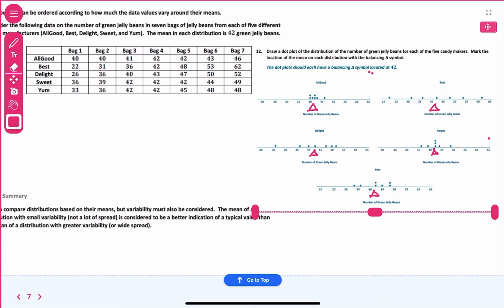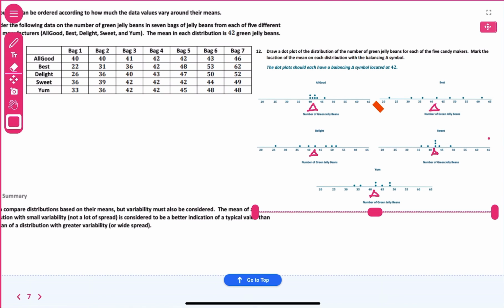Now, I was going to ask you a few questions here. Which one is a better indicator? The 42, which one would it be a better indicator for? Remember, we're looking at the least varied, and here it is. There's not a lot of variation there. We're going from 40 to 46.